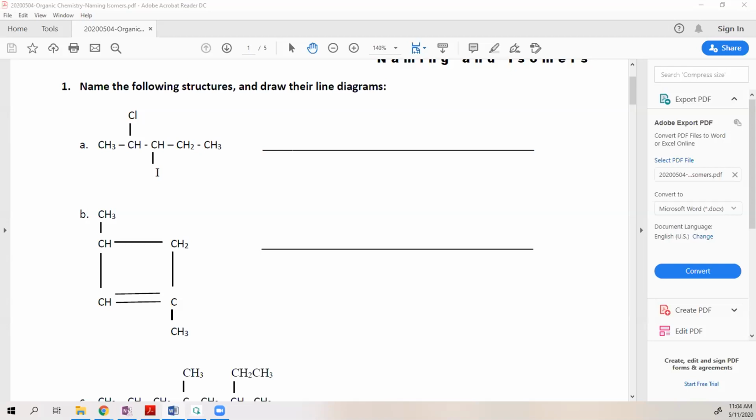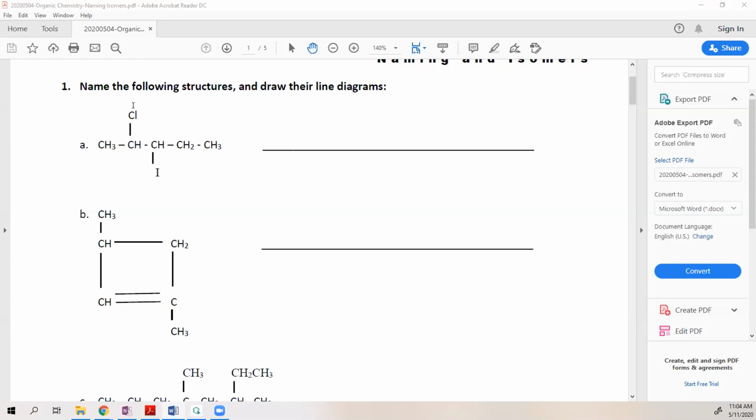We're trying to look at our longest chain. Right now, we're saying that it's pentane, which would be 5. And then we want to think about our numbering, which side we should start from. I agree with you guys. It does look like it's 2-chloro-3-iodopentane. You can see that our longest chain is going to be over here, 1, 2, 3, 4, 5.